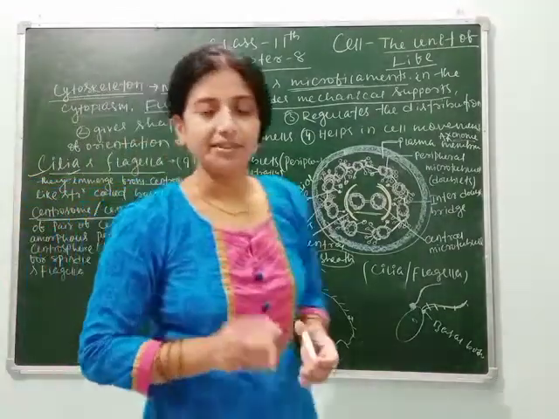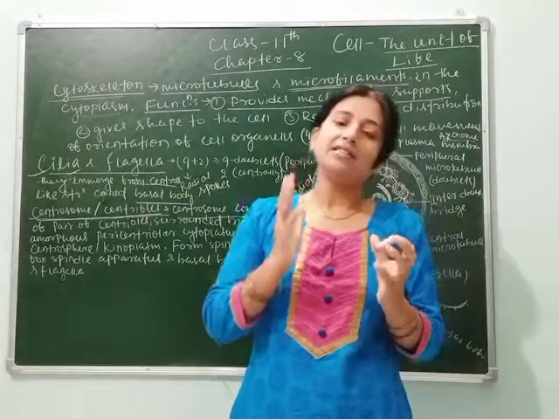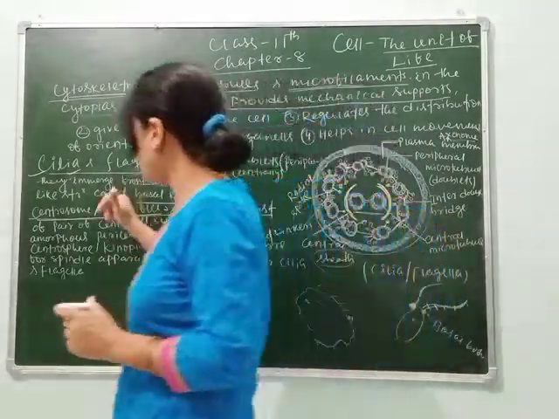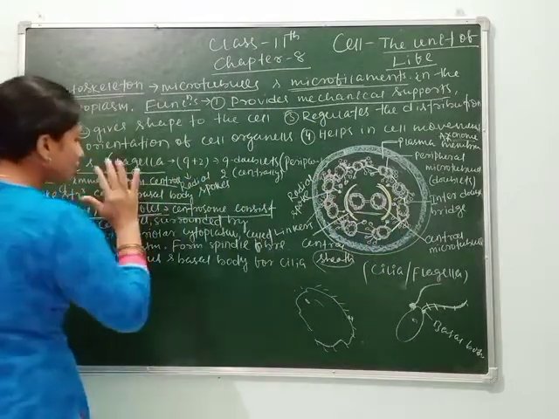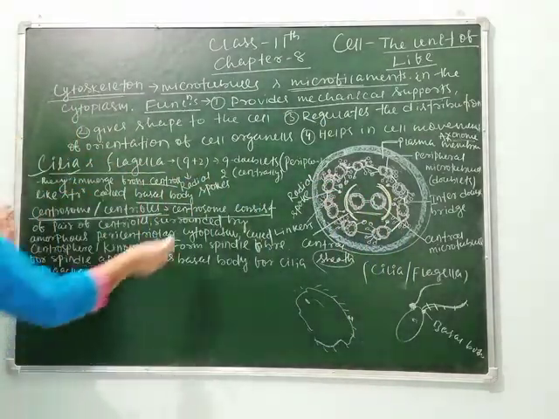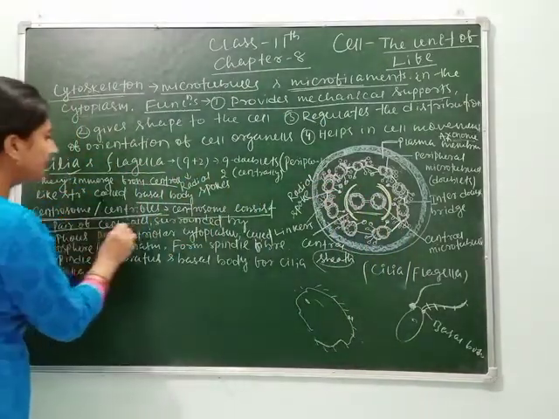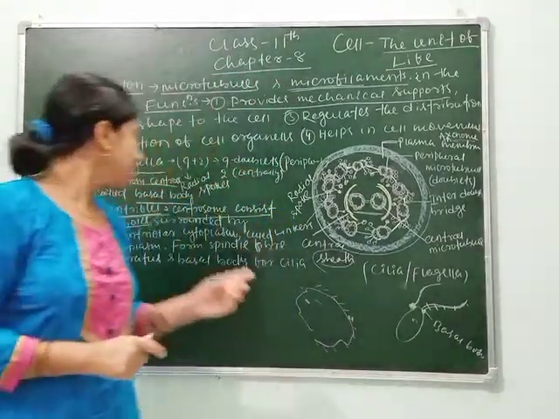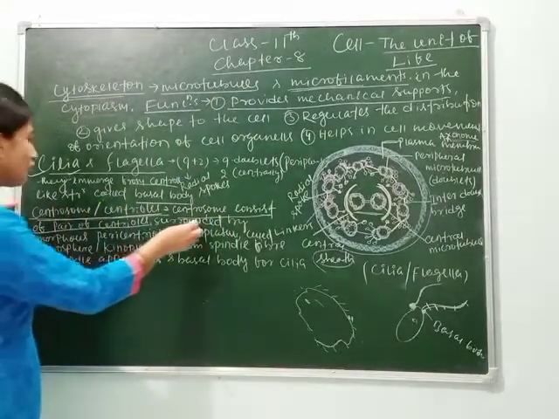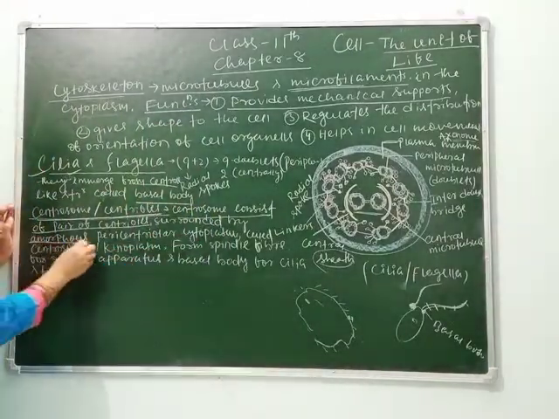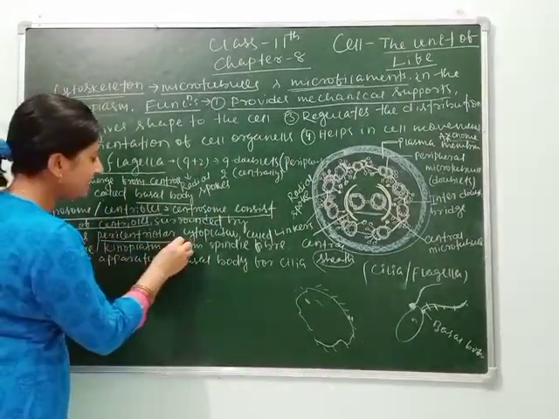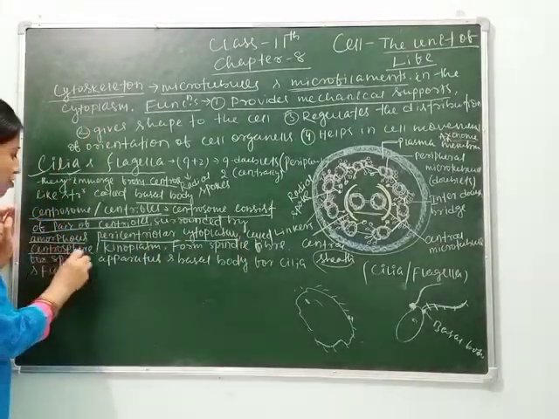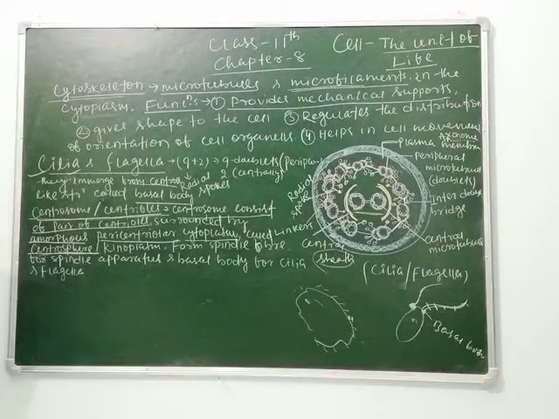During cell division, when daughter cells are produced from the parent cell, centrosome or centriole plays an important role. Centrosome consists of a pair of centrioles, means centrioles together form the centrosome, surrounded by amorphous pericentriolar cytoplasm called centrosphere. Clear, students?